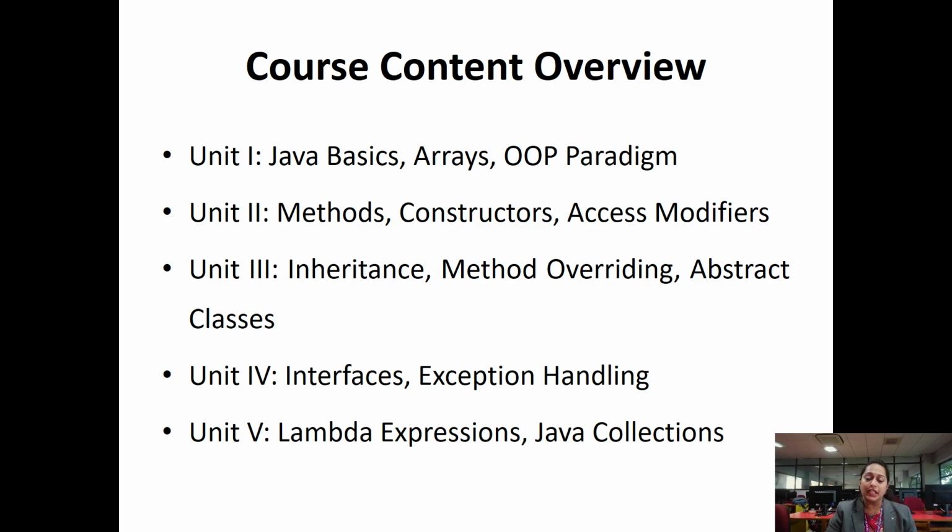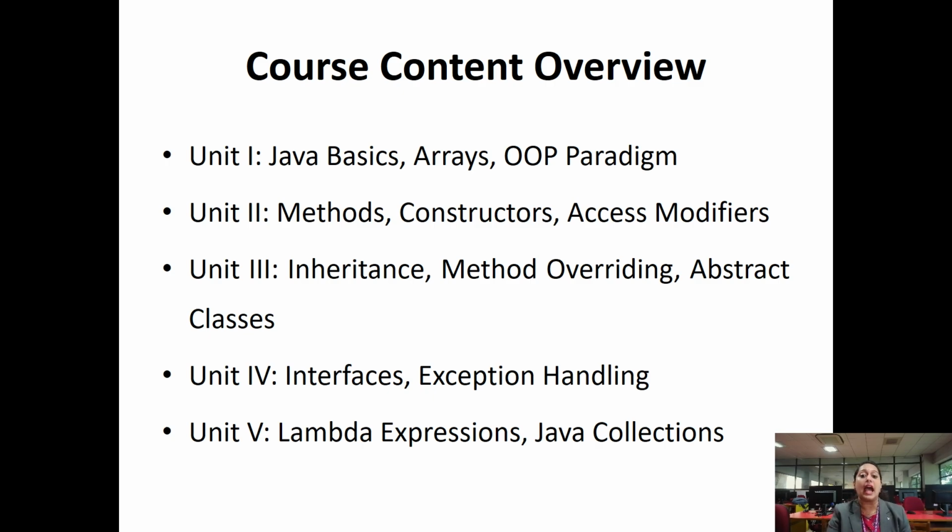So in Unit 3, you will learn about the main concept or main characteristics of object oriented programming, like inheritance, method overriding, and abstract classes. In Unit 4, you will be introduced to the interfaces, and how to handle errors which can be handled practically.